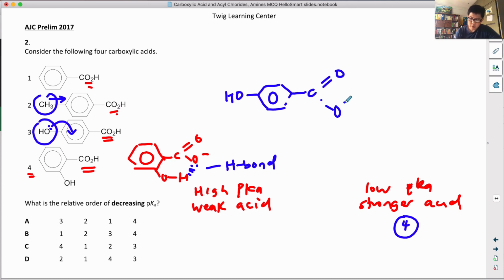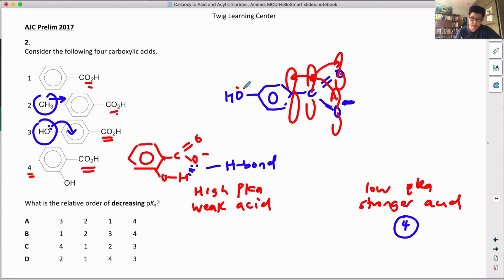This negative charge is able to delocalize into the benzene ring. This is how it works: the negative charge can delocalize to this carbon and into this oxygen, and at the same time it can delocalize into the benzene ring.